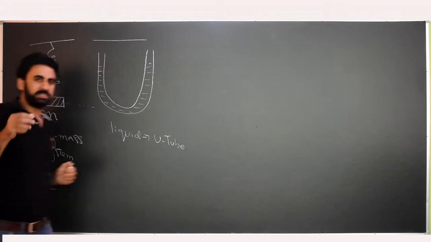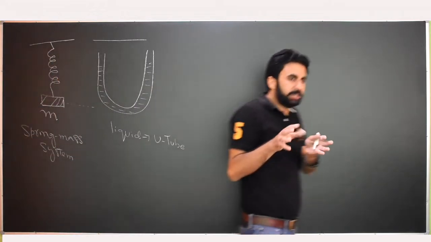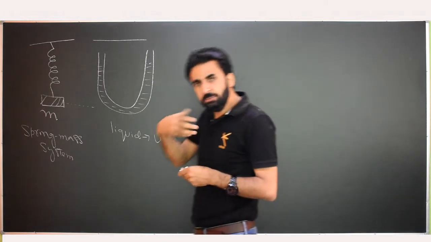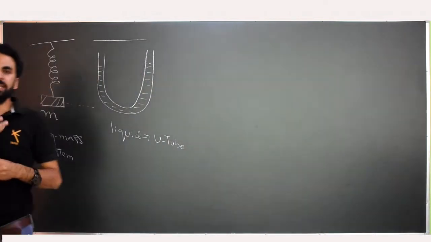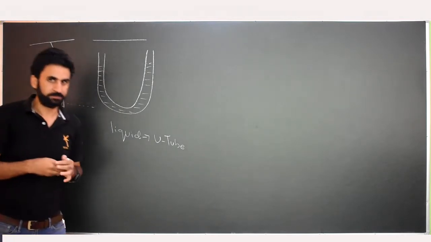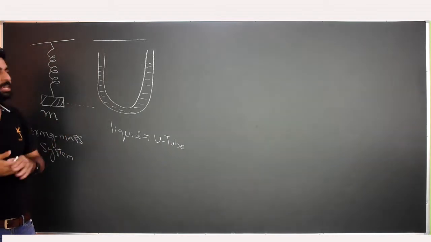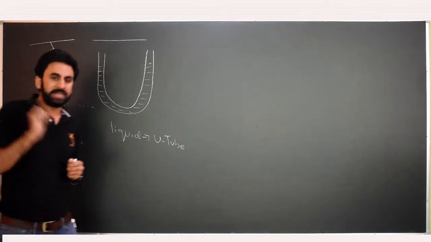So before moving further, what we can conclude is that as far as periodic motion is concerned, any motion which repeats after equal intervals of time is periodic motion. But for oscillatory motion, there are two conditions.